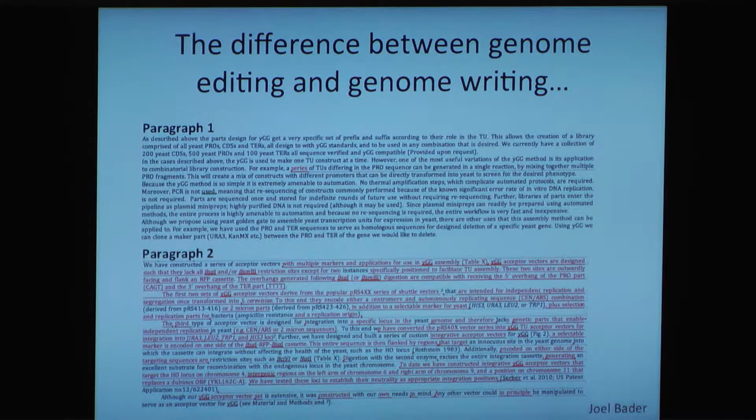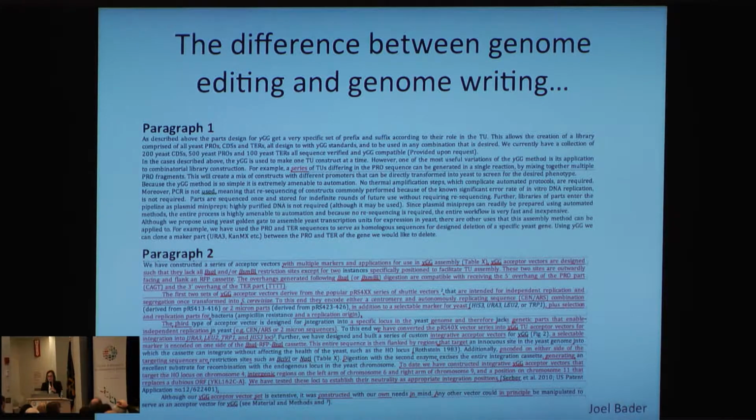And this was an analogy from Joel Bader, who may or may not be here yet. He was talking about this in the context of the SC2 project, this idea that in some cases we want to go in and make some very focused edits, much like in this Word document, paragraph 1, where maybe there was a typo or a word that was incorrect. You can make that very focused edit in the context of that paragraph.